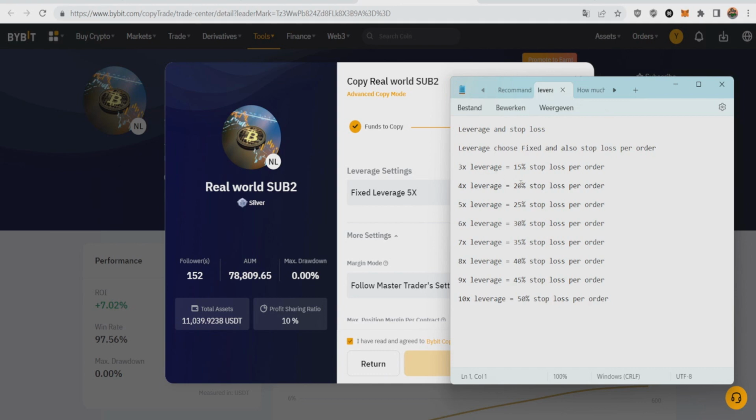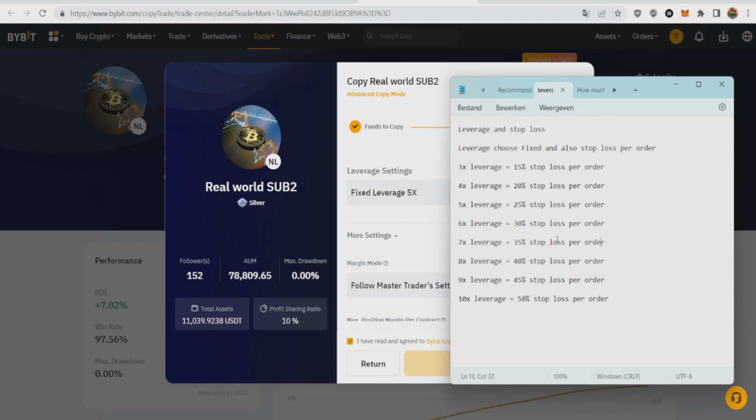So 3x is 15, 4x is 20, 5x is 25, 6x is 30, 7x is 35, 8x is 40, 9x 45, and 10x 50. I would recommend starting anywhere from 3x to 5x, and if you've got some guts, you can go further to 6x, 7x, but 8x, 9x, 10x is really risky. It can work out for you, but it's really risky.